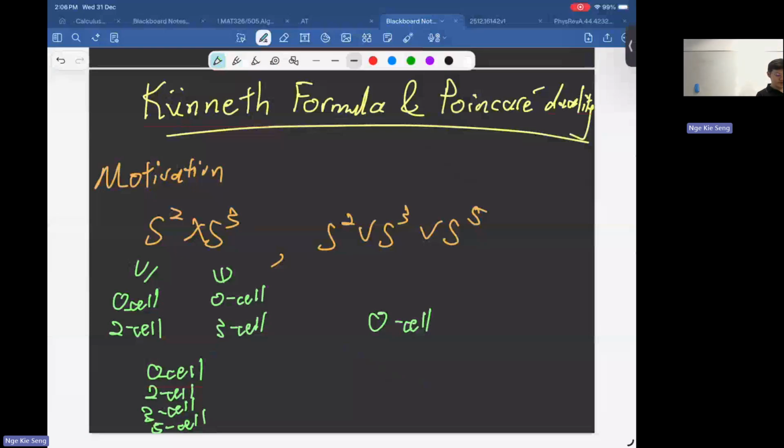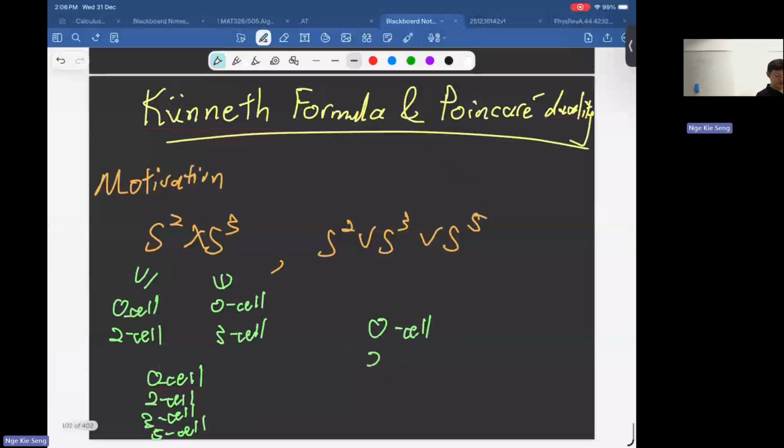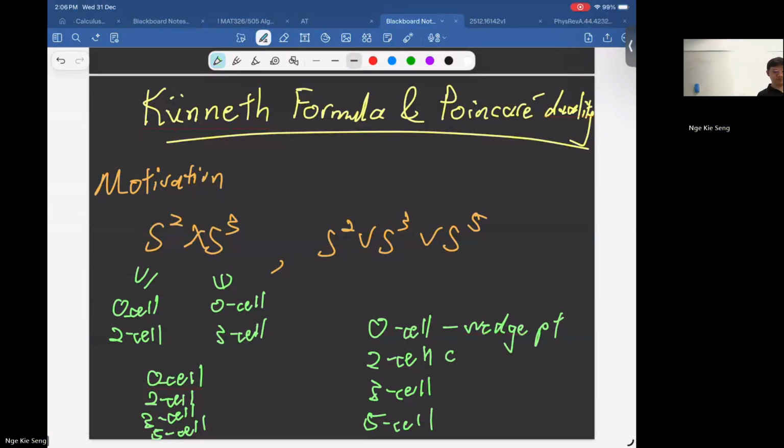Okay, on that side you also have a 0 cell, 2 cell, 3 cell, and 5 cell, because they are wedged on the 0 cell. The 2 cell comes from S2, the 3 cell comes from S3, and the 5 cell comes from S5.